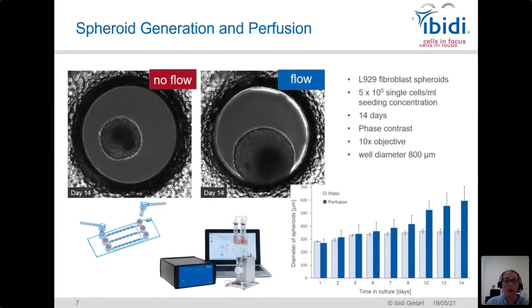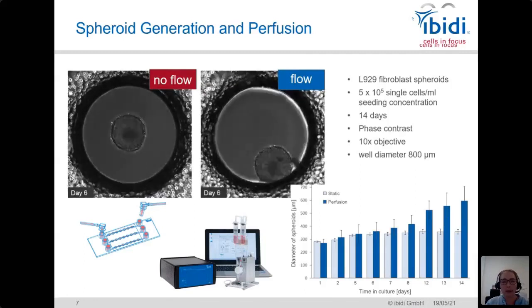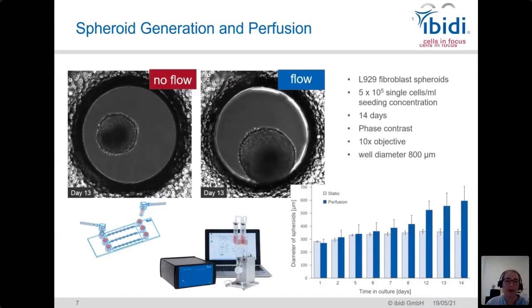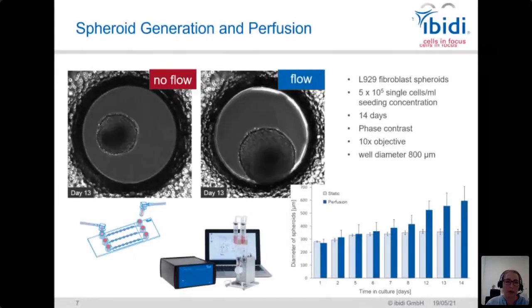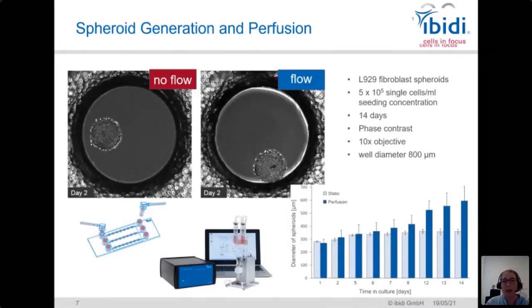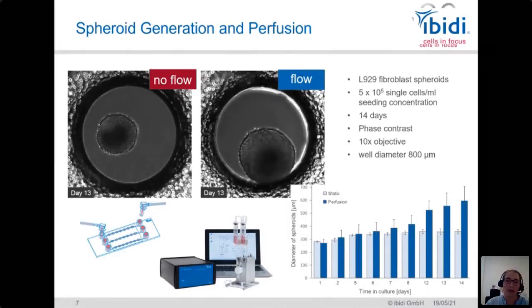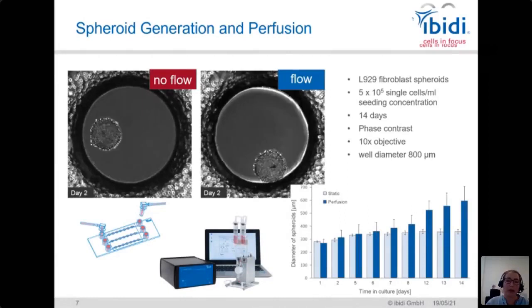And what we found is that the spheroids with constant medium supply grow faster and bigger and are more compact and stable compared to the spheroids which were not under constant flow. So we think that especially for long-term cell culture, the perfusion of spheroids can make sense.